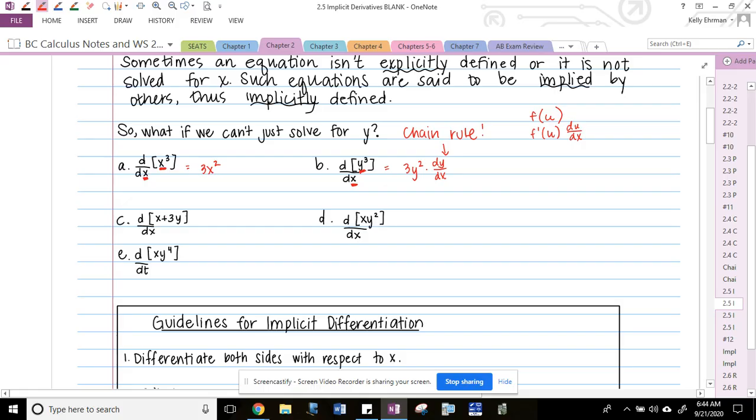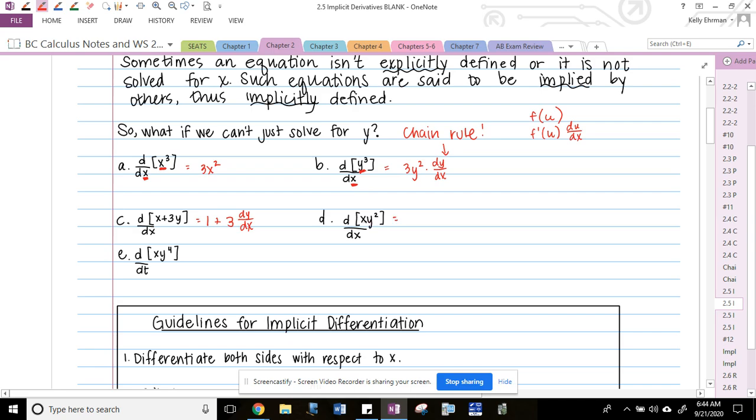For this one, we have two terms. The derivative of x with respect to x is 1, plus the derivative of 3y with respect to x is 3, and then chain rule, dy dx. For part D, I've got a product rule here.